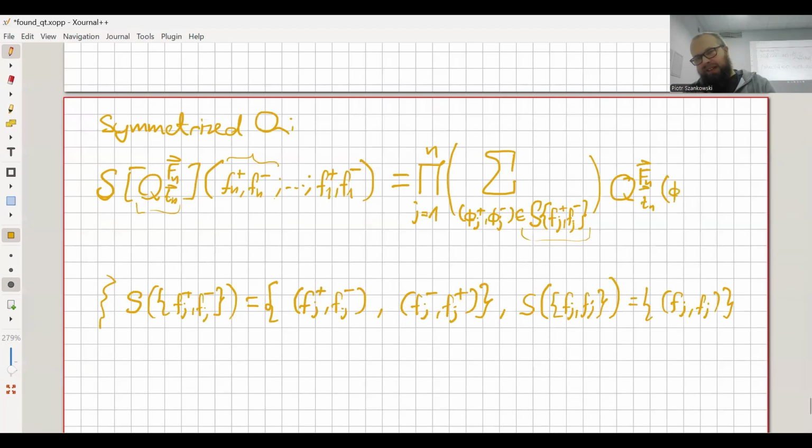And F1 plus, Fn minus, F1 minus. Okay. So such a sum is a function that's symmetric in each pair at each point in time, not just whole sequences, but each individual pair.